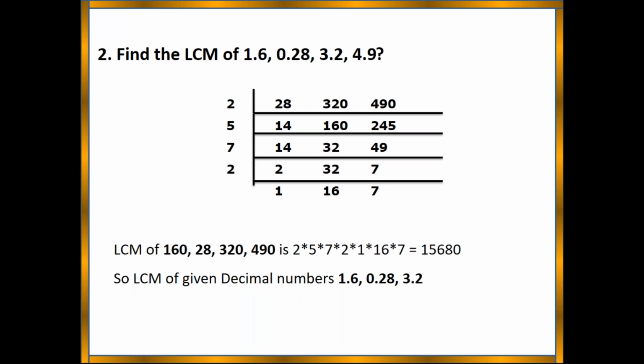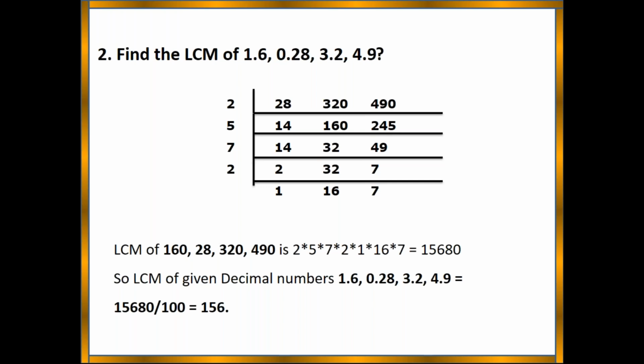15680 is the LCM for the integers, but the given values are decimals. Initially you multiplied with 100, now you have to divide it by 100. So 15680 by 100 is 156.80. So 156.80 is the LCM for the given decimal numbers. Initially, if you multiply with 10, at the end you have to divide it by 10.